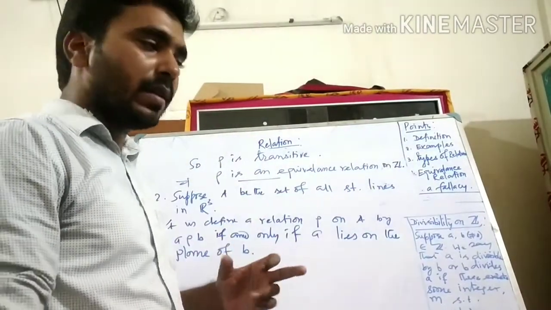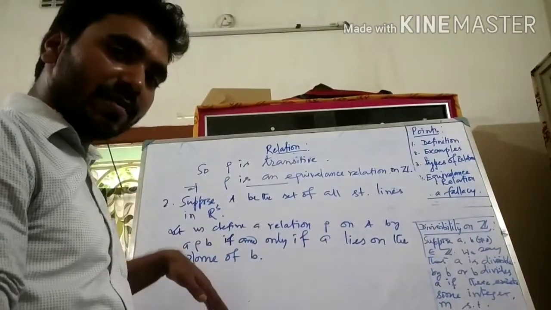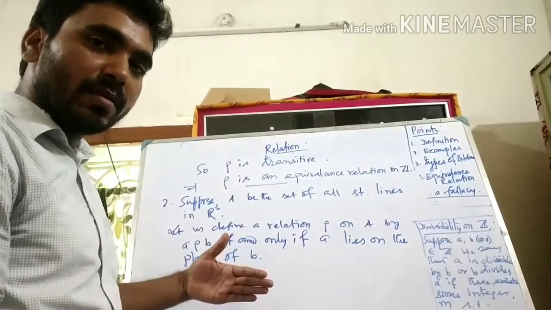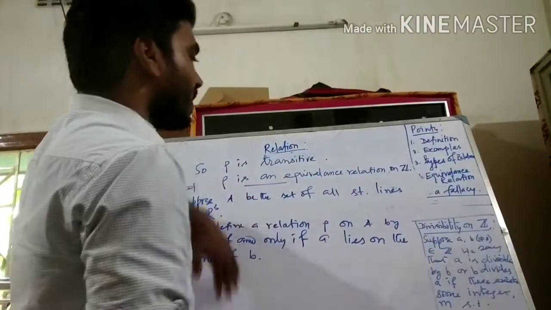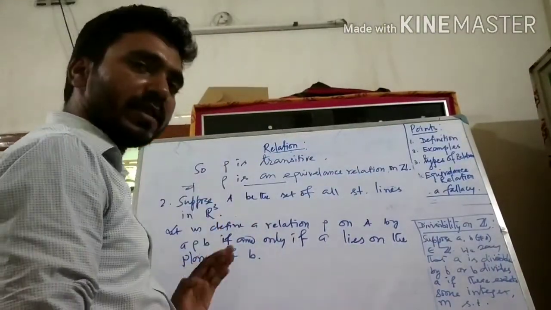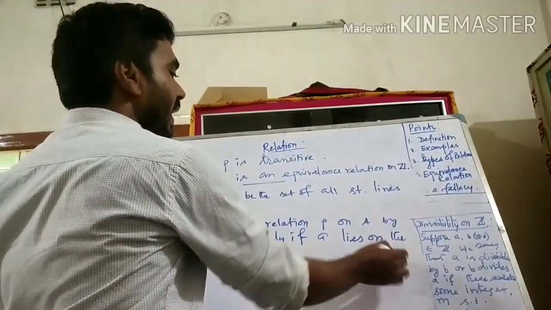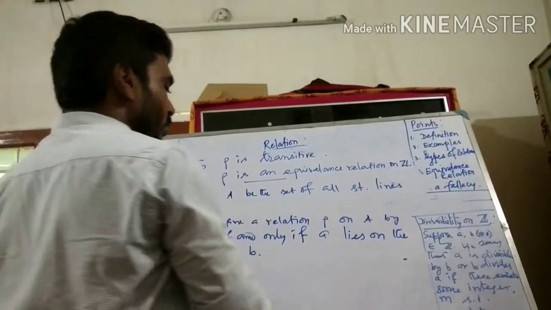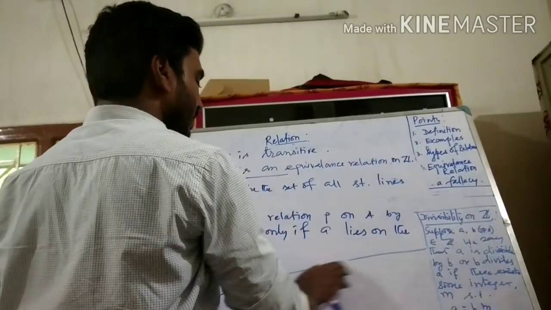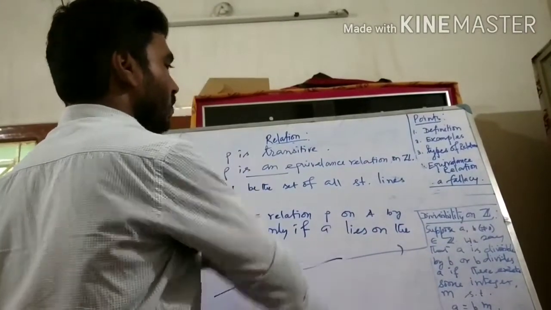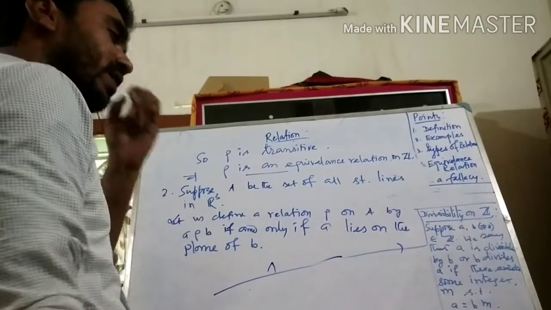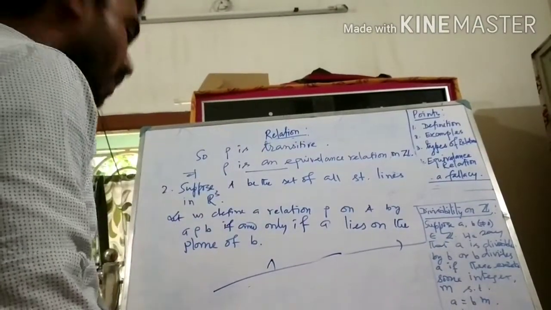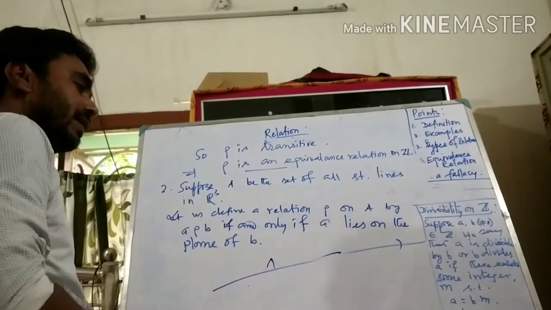If that straight line lies wholly on that surface, then that surface is called a plane surface. Okay. For example, the whiteboard is a plane surface, because if you take any 2 points on that surface and you join them by a straight line, then that straight line lies wholly on this whiteboard. So this is an example of a plane surface or plane.